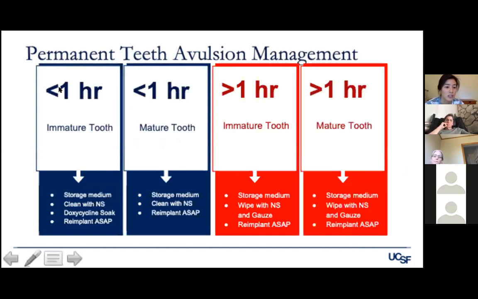And so this is just to show you that the treatment options all vary. But the important thing is, if we have a patient that comes in with a tooth in hand, we want to reimplant that back into the socket or put it in a storage medium and call the on-call dentist right away.